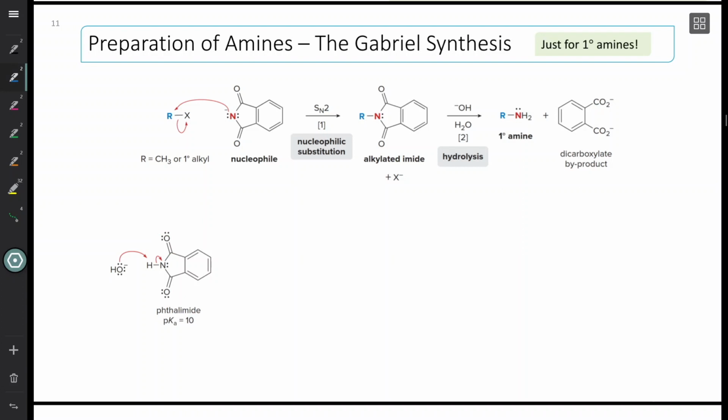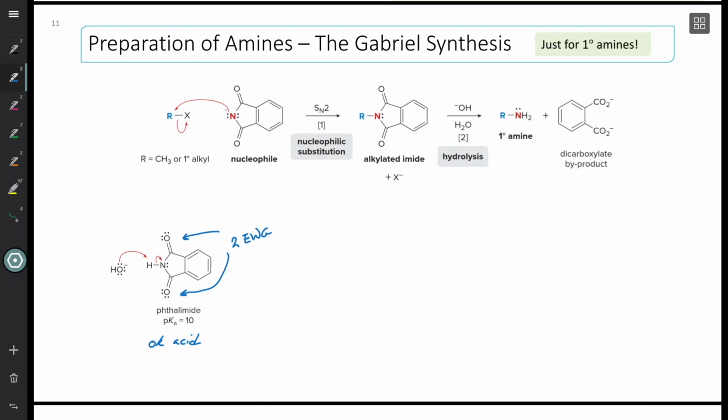Here you've got two electron withdrawing groups, and this actually makes this amine a pretty good acid, right? The pKa of 10.